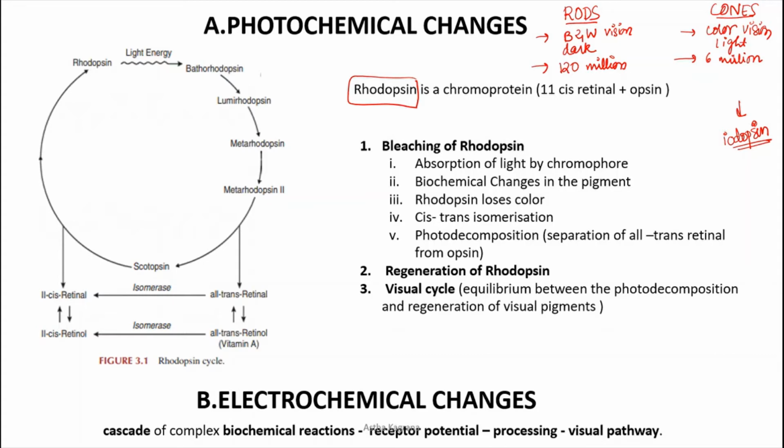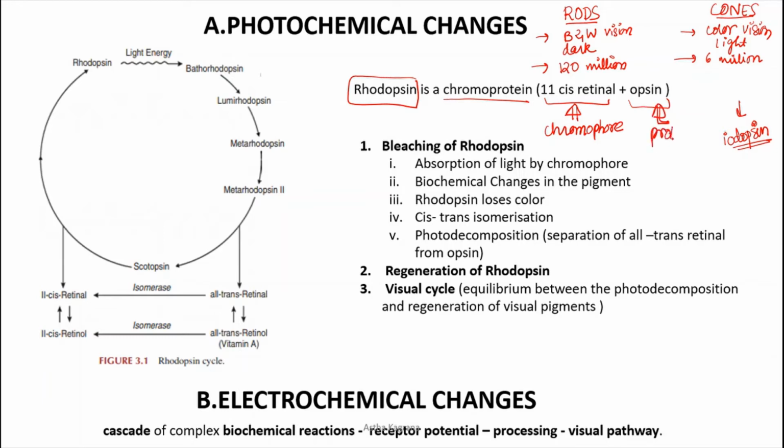Now, coming to rhodopsin, which is the pigment of the rods, it is a chromoprotein composed of 11-cis retinal and opsin protein. So it is a chromoprotein. 11-cis retinal is your chromophore, and opsin is your protein part.